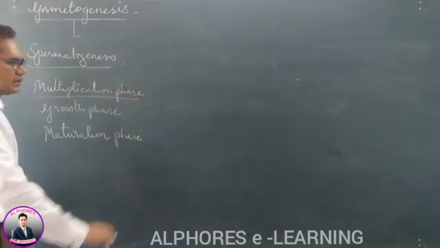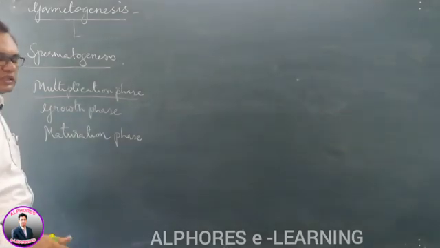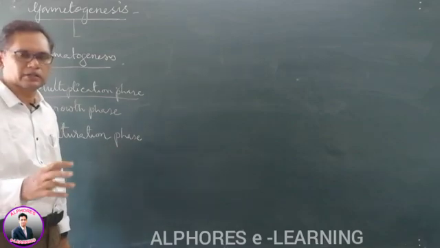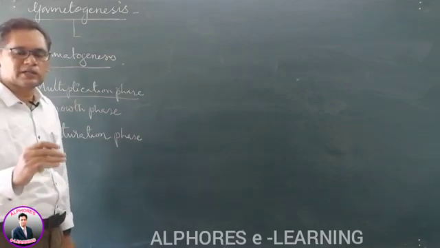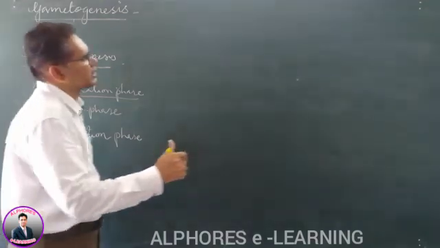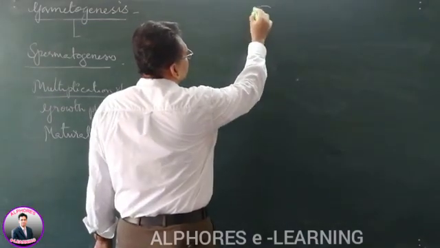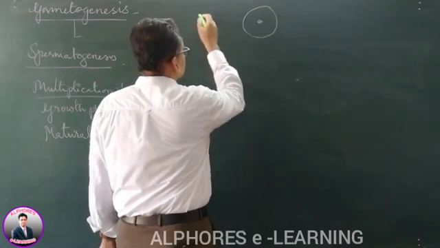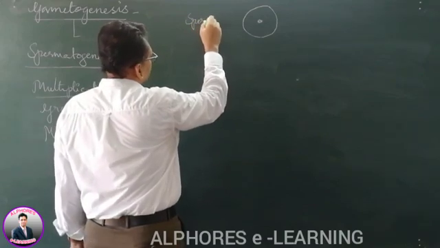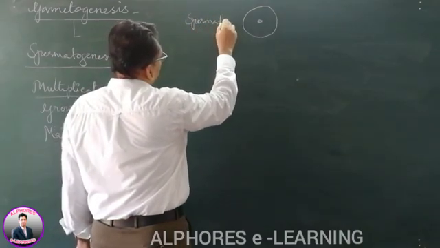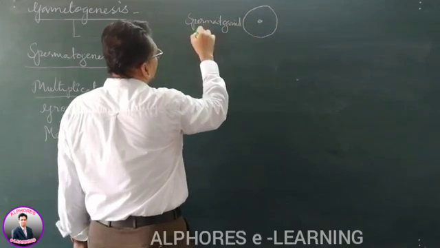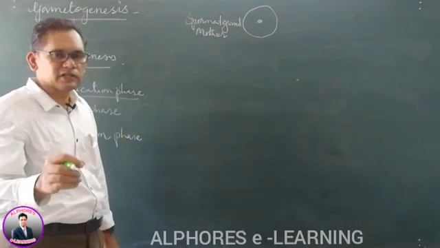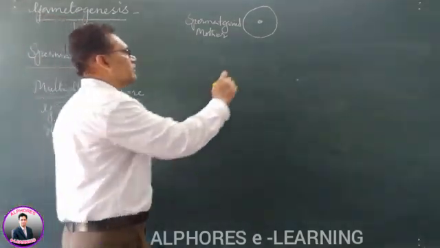In the multiplication phase, the spermatogonial mother cells undergo division. That division is mitosis, because the spermatogonial mother cell, which is lined in the seminiferous tubule, is a diploid cell.